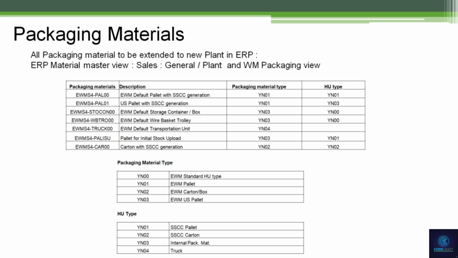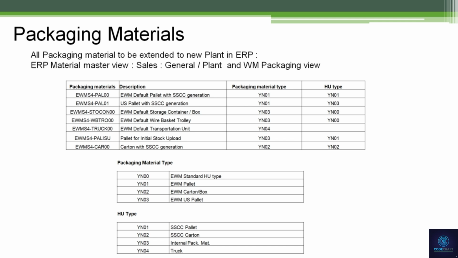The only difference is that YN01 is an SSCC pallet, and YN03 are the regular handling units without SSCC number generation. We will create all these packaging materials in our new warehouse WH23. We'll also make sure the WM packaging view is extended for these parts. All these packaging materials are also assigned to a handling unit type. YN01, YN02, YN03 and YN04 are the handling unit types that we plan to use for these packaging materials.